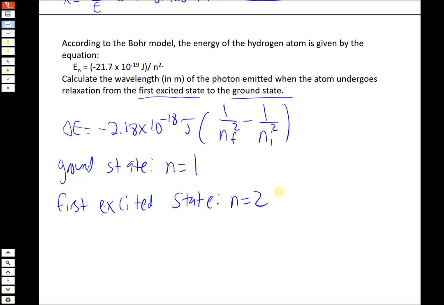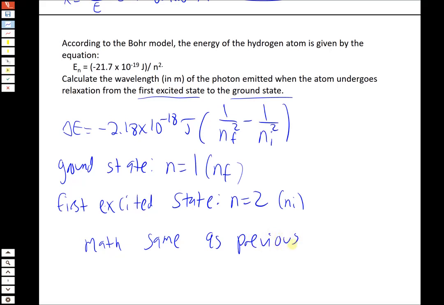We're going from the first excited state, so that's the initial value of n, to the ground state, so that's our final value of n. And so we're going to put the same numbers in, 2 and 1. So the math ends up being the same as the previous. We're going to get to the wavelength eventually, so I'm not going to go through that again.